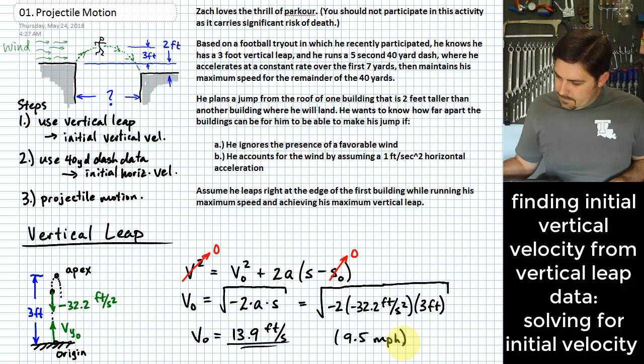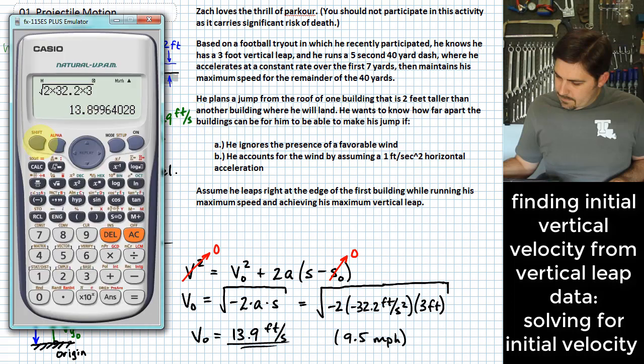We've got this initial velocity of 13.9 feet per second. Let me just make note of that right up here: 13.9 feet per second. Additionally, let me go ahead and store this into variable a.